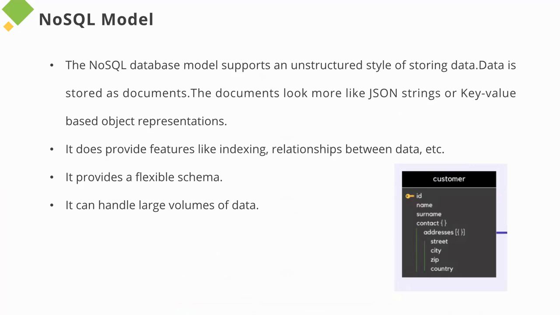This NoSQL model is an unstructured style of storing the data. This is stored as documents. The documents look more like JSON and key value pairs.